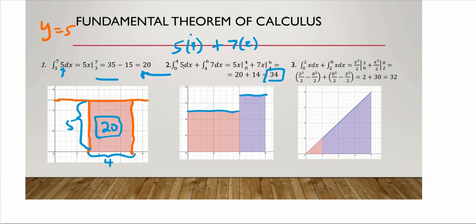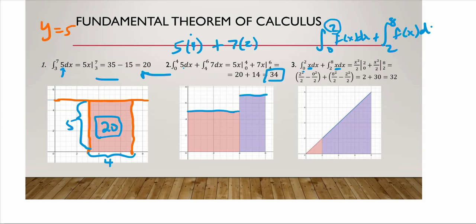Now on this one, it says if you are given a function here and you're given another function, but if you notice, the bounds are going to be from 0 to 2 of the function, and then I'm going to add it to something. It ends here at 2, but it's going to continue at 2. So let's pretend it was from 2 to 8 in this case of my function.